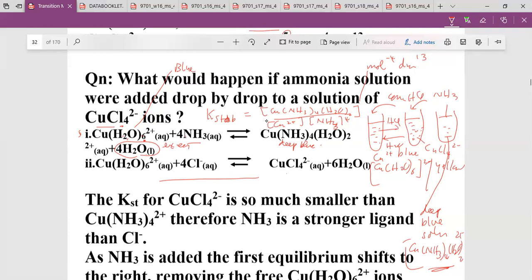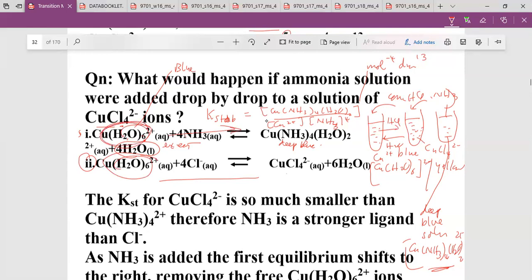Now remember the Kst. When you put the ammonia inside, they ask you what do you see. You can see, first, the yellow color will slowly disappear to form the blue color, because as you put ammonia in, the water here will react with your ammonia to form the complex.